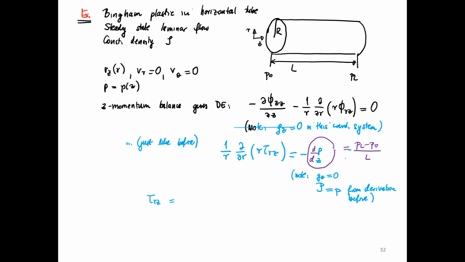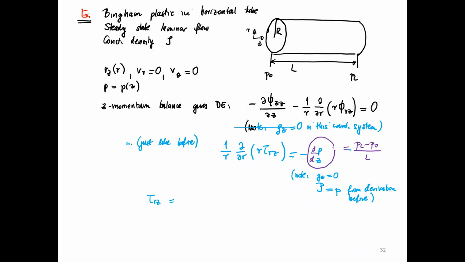I like thinking this way better because this is PL minus P0 over L minus 0, and that's the derivative in a discretized way, right? So when I see dPdZ, that's what I write. But I always have a minus because in all the coordinate systems, they point from smaller coordinate values to larger coordinate values. However, I flow from larger pressure to smaller pressure. And that's essentially how this minus shows up in derivations.